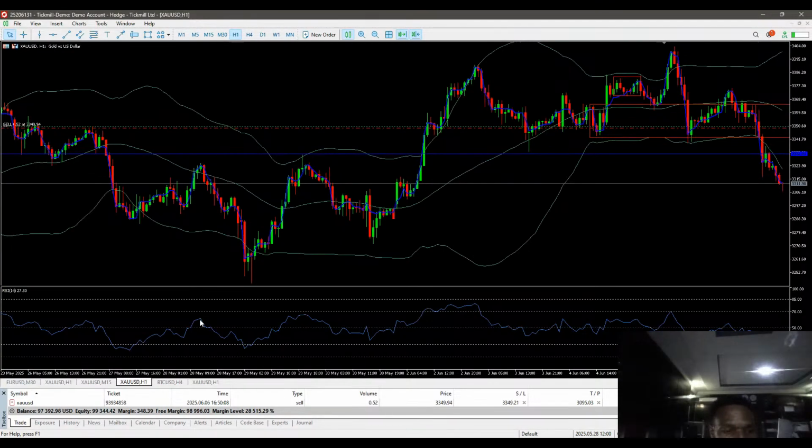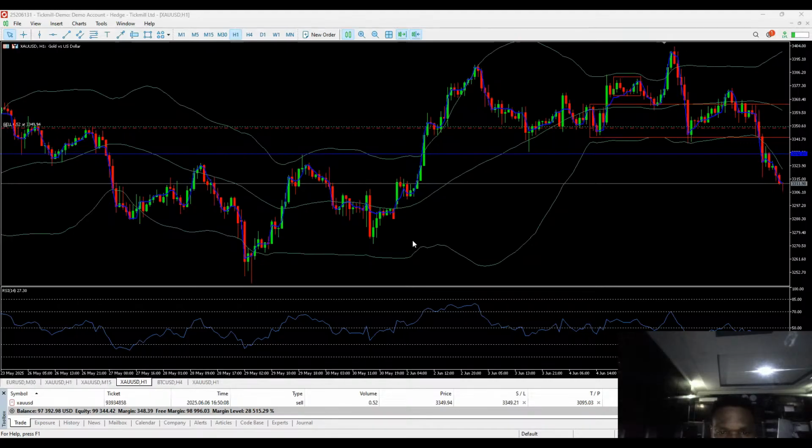So you open your RSI 14. RSI properties, I start from the parameters. We're using a period of 14, levels 30, 70, 85, 50, 15.